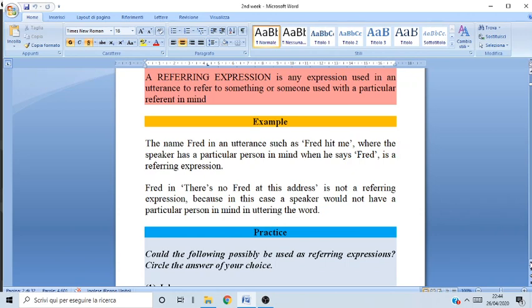This is not a referring expression because in this case, the speaker doesn't have a particular Fred in mind when uttering the word. So there's no Fred, could be anybody. Fred hit me has a specific referent. So that's what they mean when they say that a referring expression is an expression used to refer to something or someone with a particular referent in mind.